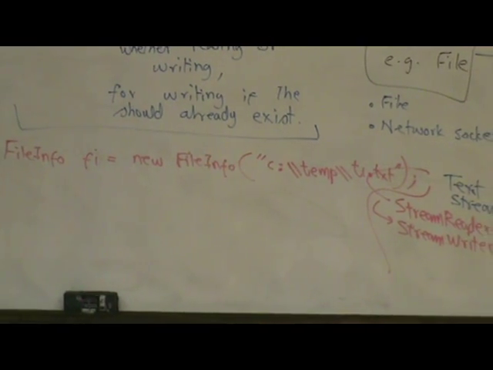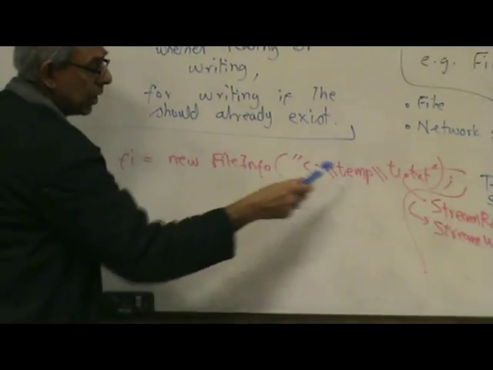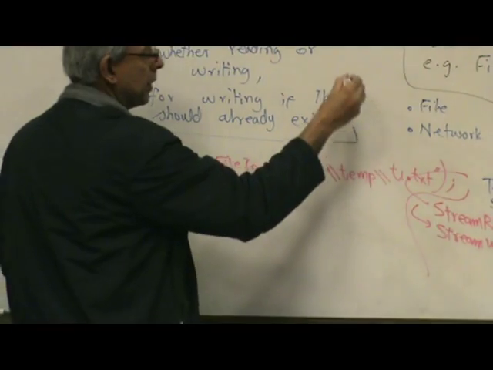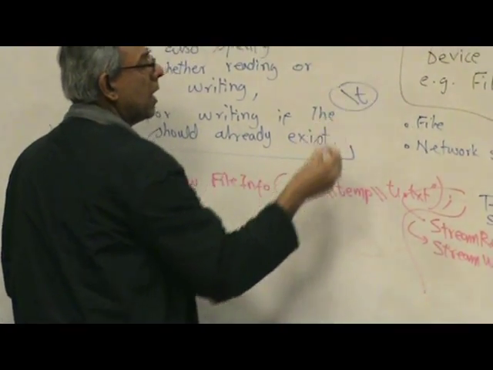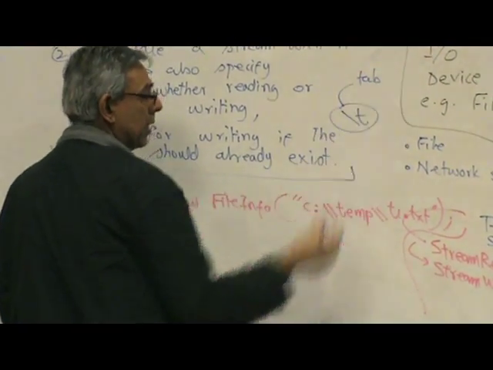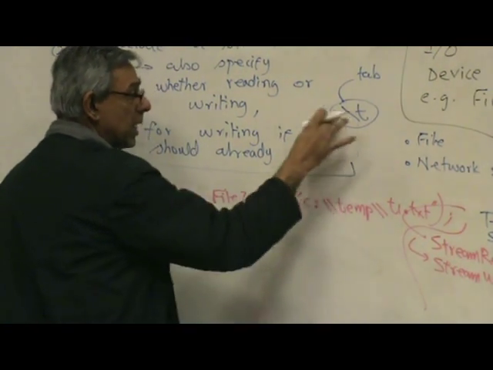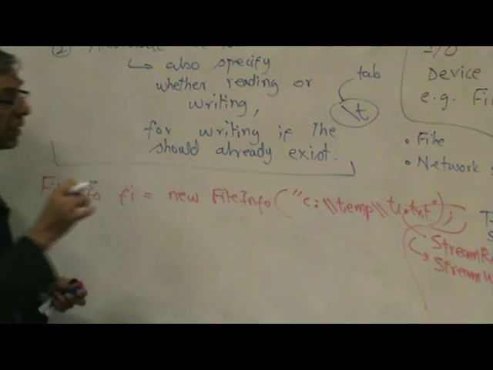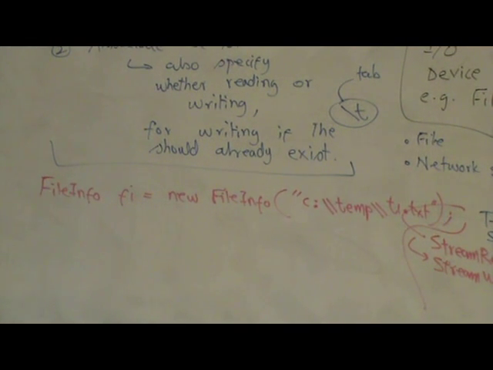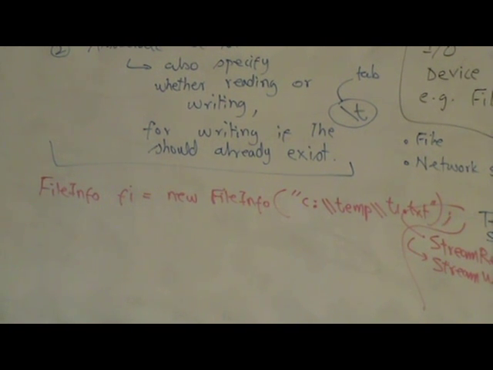Okay. So notice I'm using 2 backslashes because remember, in a string, if we use 1 backslash, that could mean a tab, right? So if we literally wanted to say, no, this is not a tab, this is a backslash, then both in Java, C, C++, we use 2 backslashes, okay?